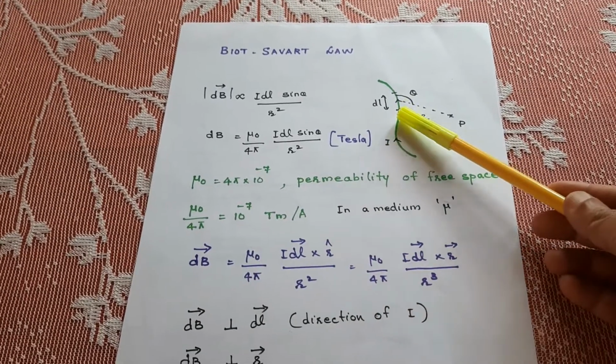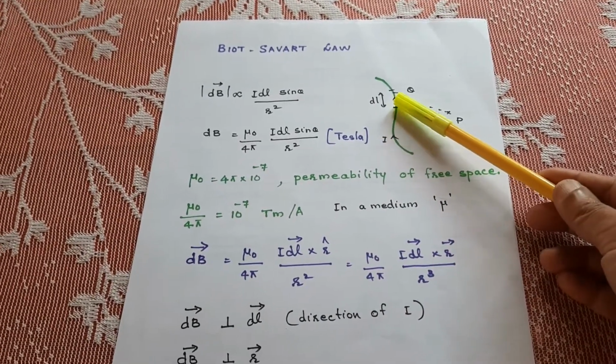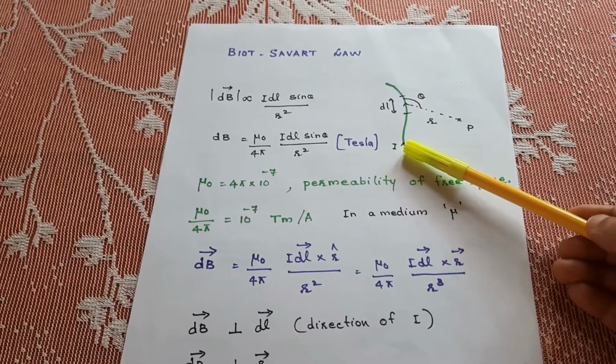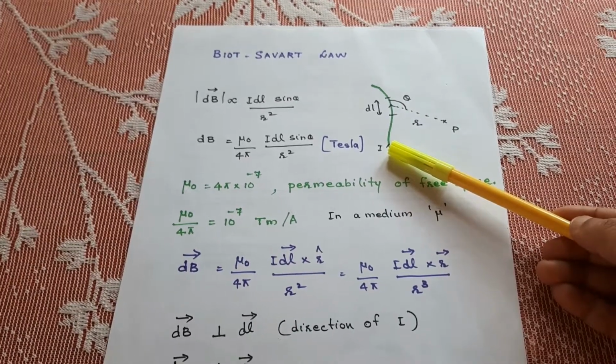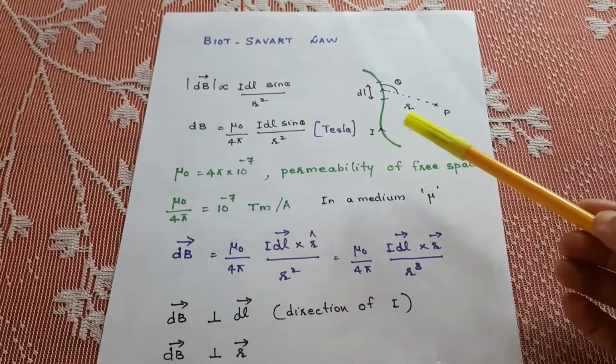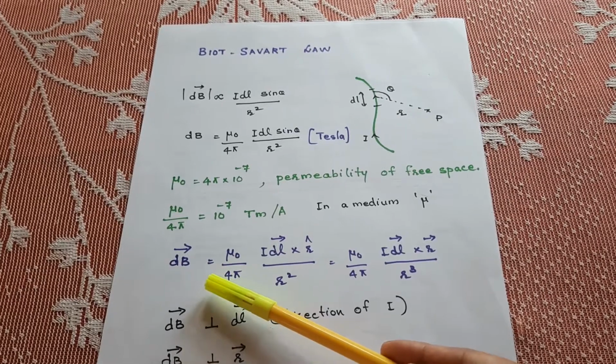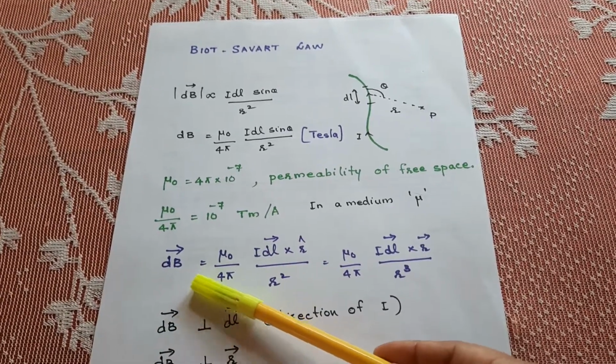The current element dl is a vector quantity. It is given the direction same as that of current. Magnetic field is a vector quantity, so we can express magnetic field in vector form.